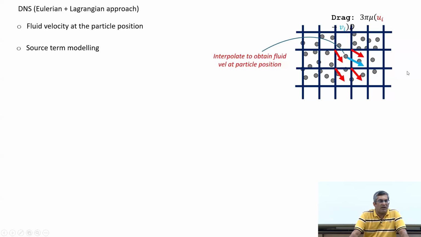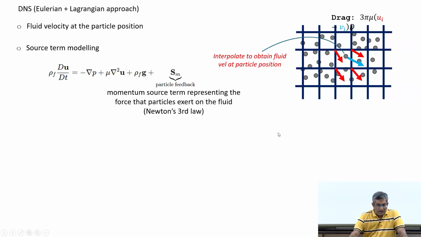Okay. Now, how do we do source term modeling? What is source term modeling? This means that we have to now consider the effect of particles on the fluid phase. So, how do you account for that? So, we know that because of the presence of particles, we will have a source term here, which is basically the particle feedback term or momentum source term, which represents the force that the particle exerts on the fluid.